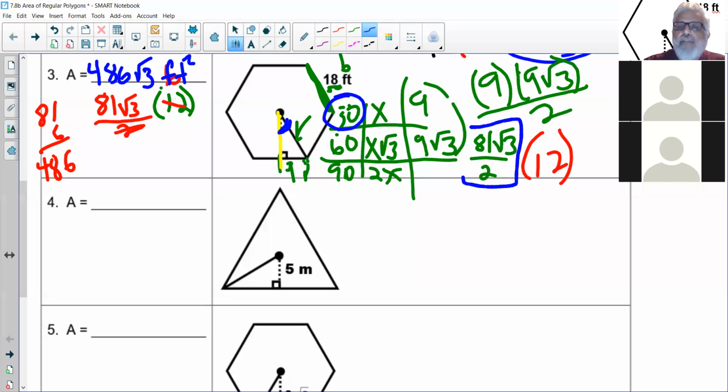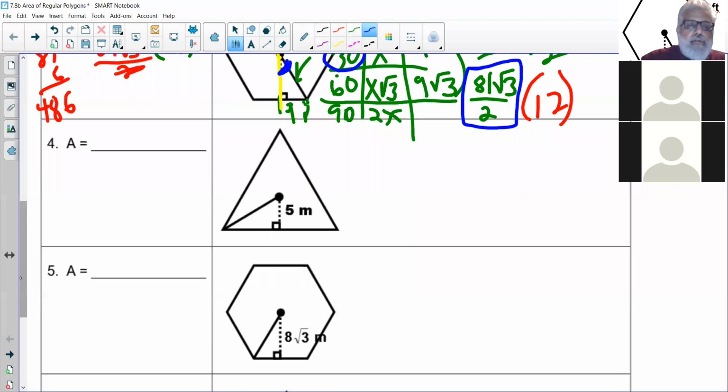You see what I boxed in blue? 81 square root of 3 divided by 2. There you go. Then the final question will be the answer that we already found, which is this guy over here in blue. Okay, so those are the first 3 answers on that one. And then you're going to have to do this number 5 down here.